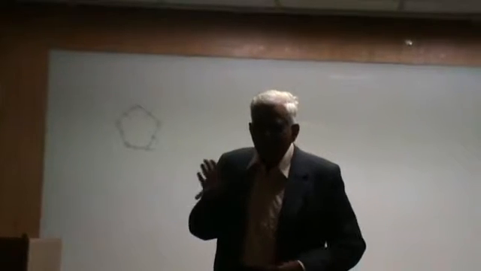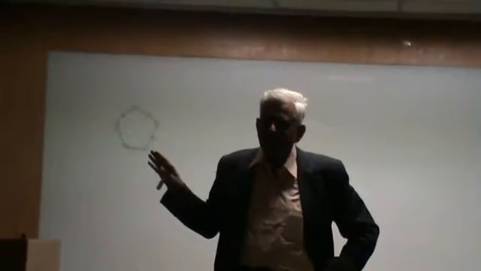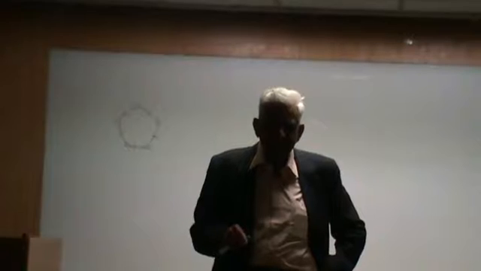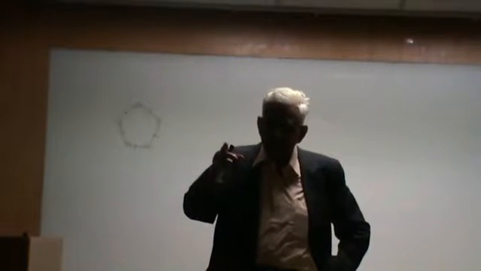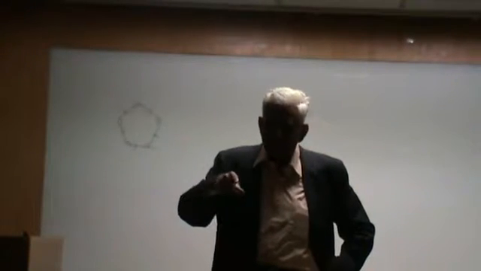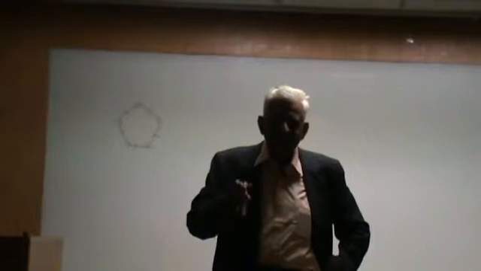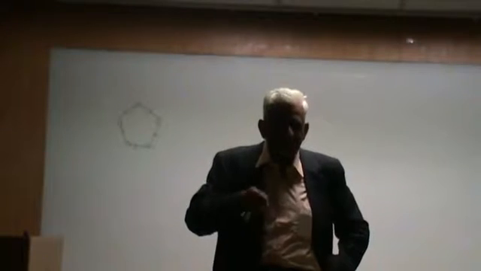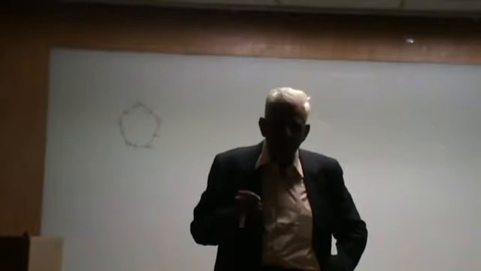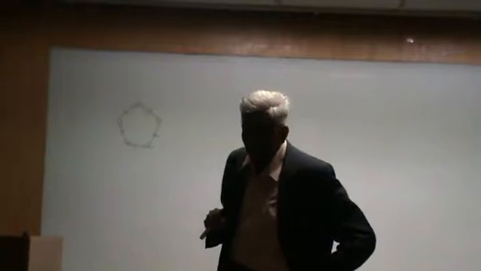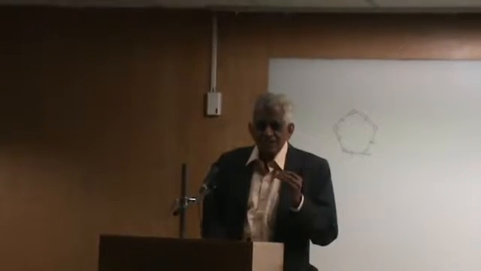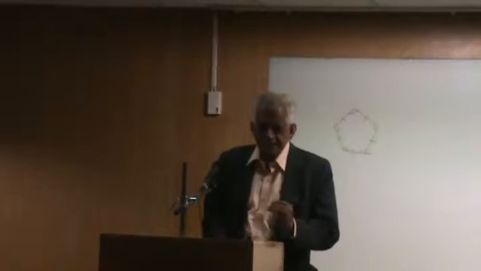So a regular n-gon is a planar figure whose n sides are all of equal length and all angles are equal. This would be a definition of a regular n-gon. And because these lie in a plane, we call these two-dimensional examples.